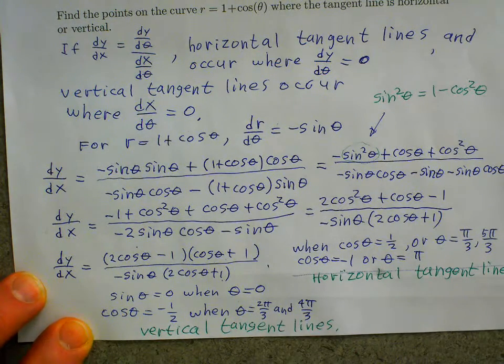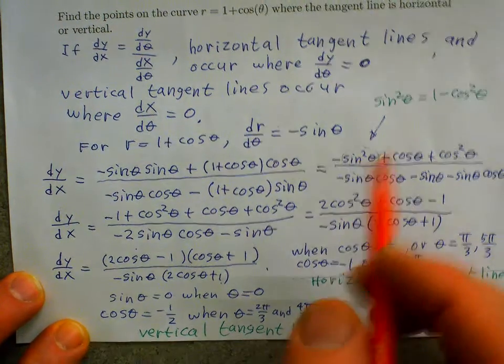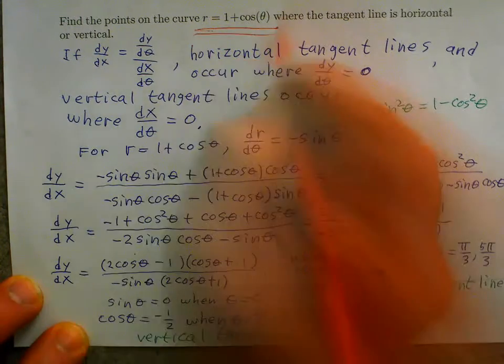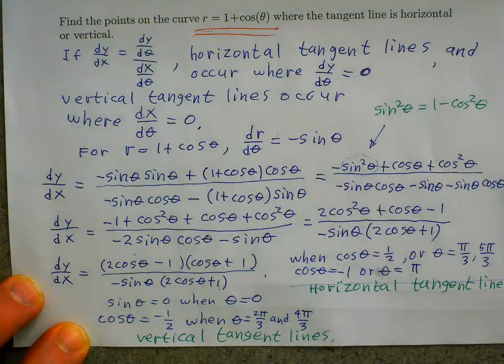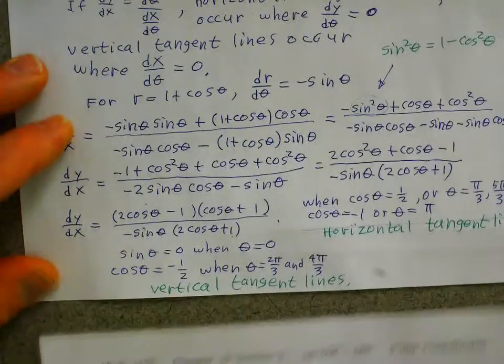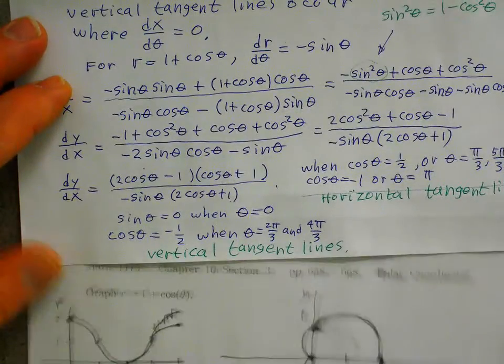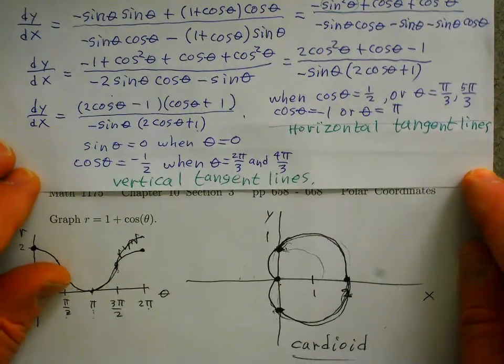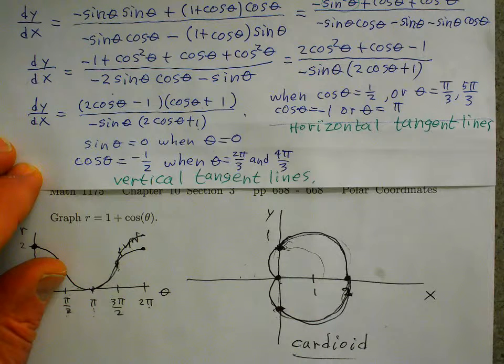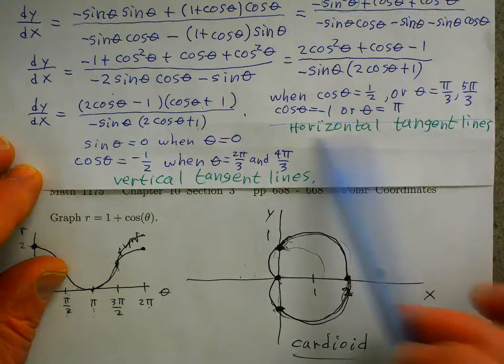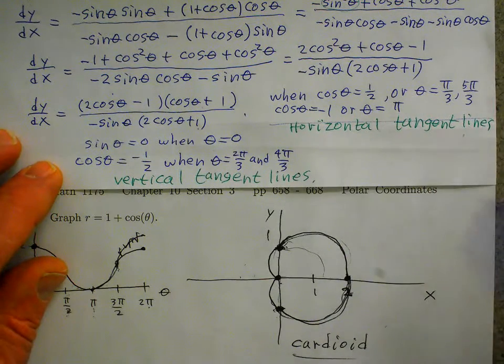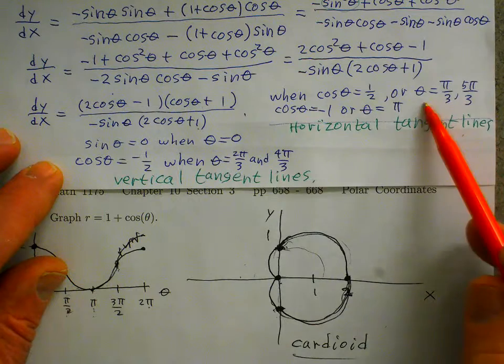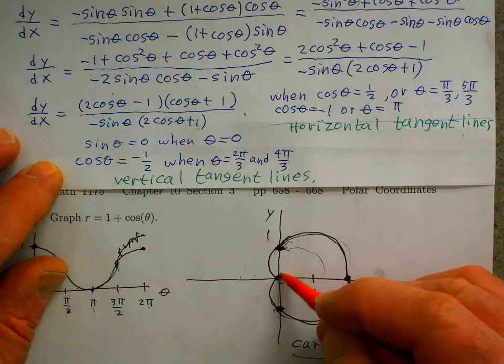Well, you might remember from last time, I attempted to graph this polar curve, r equals 1 plus cosine of theta. So I'll put that drawing, for what it's worth, up here. So we were saying that we have horizontal tangent lines at theta equals pi over 3, which is about right here.